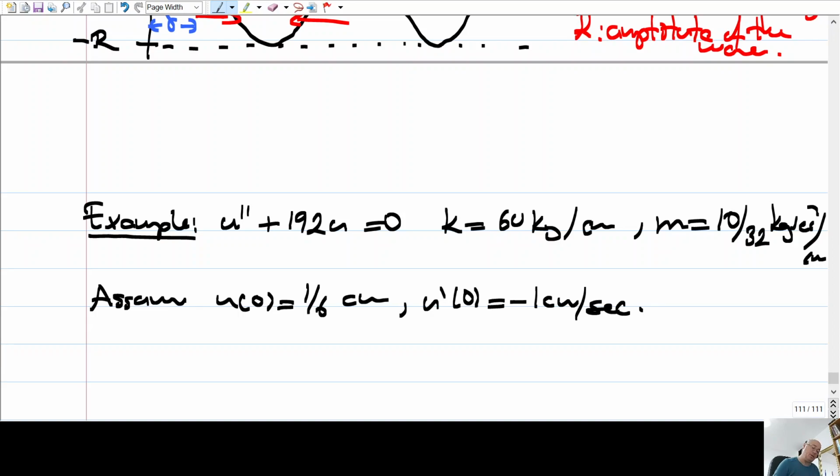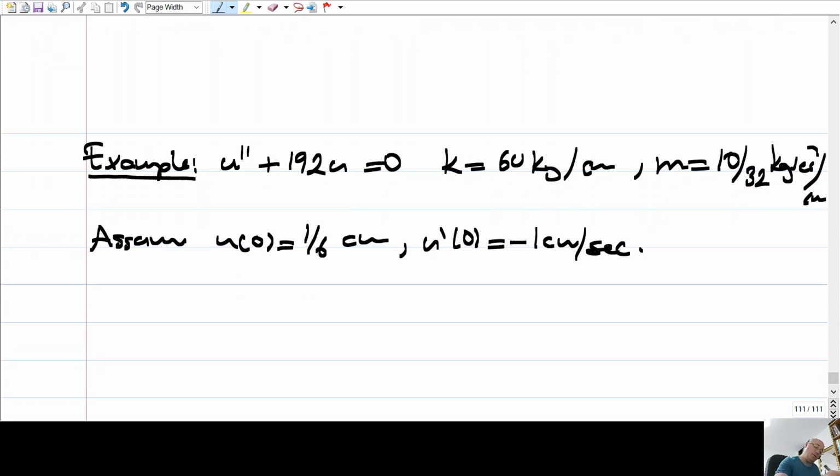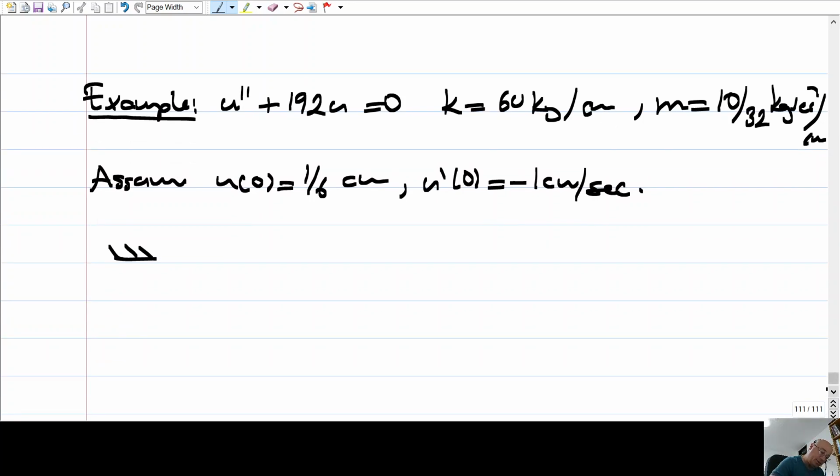So it means the initial position of the spring is 1 over 6 centimeters. So it is just stretched this much. And its initial velocity is minus 1. So it means we gave this spring a negative velocity.